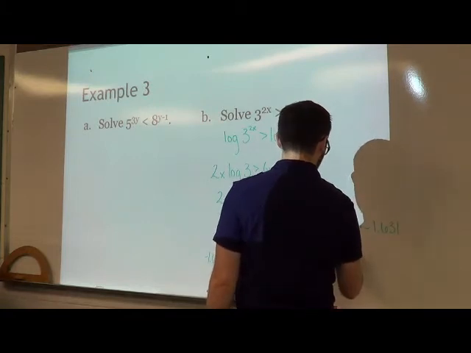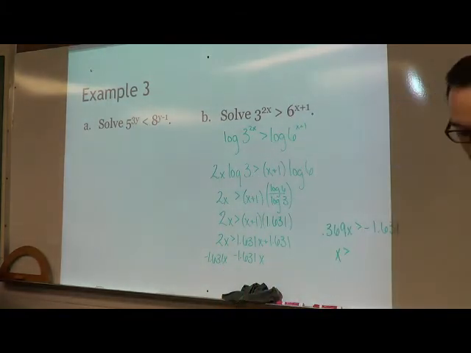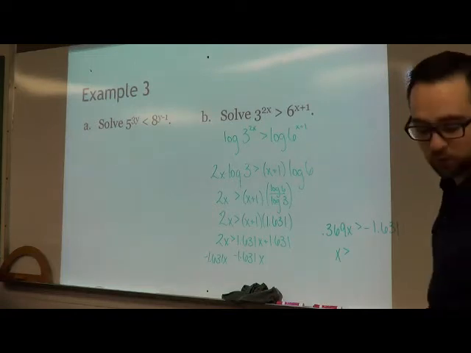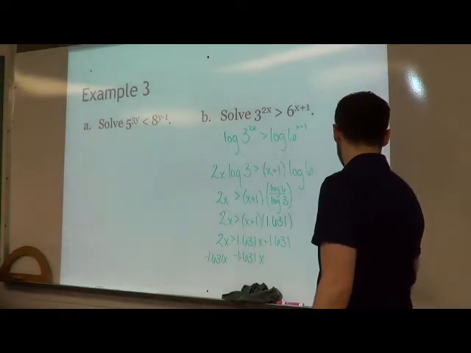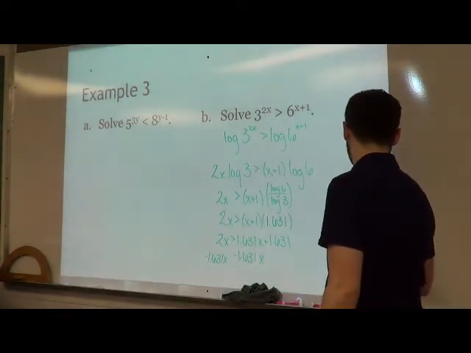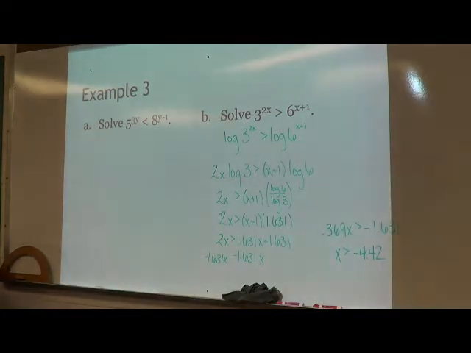So I divide and end up with x being greater than negative 4.42. And that would be your final answer there. And again, because there were no logs in the original problem, we don't have to worry about x being negative.